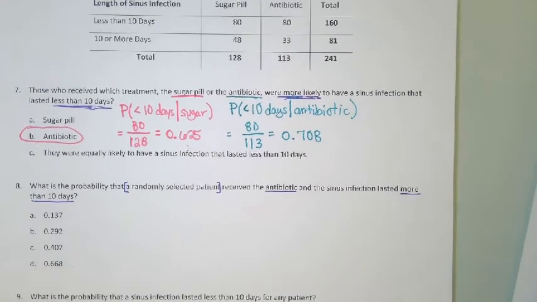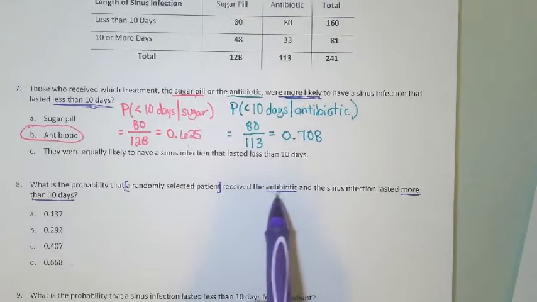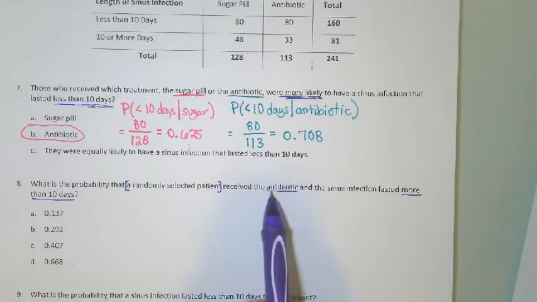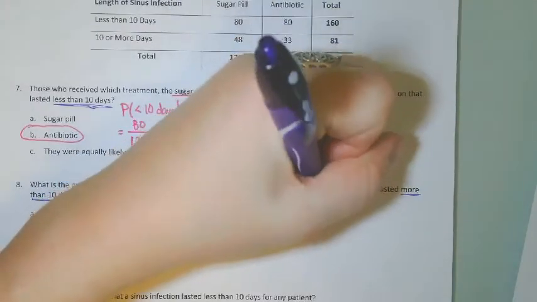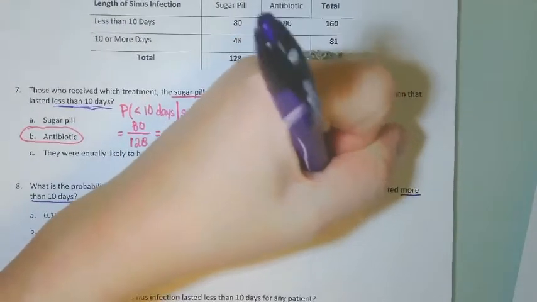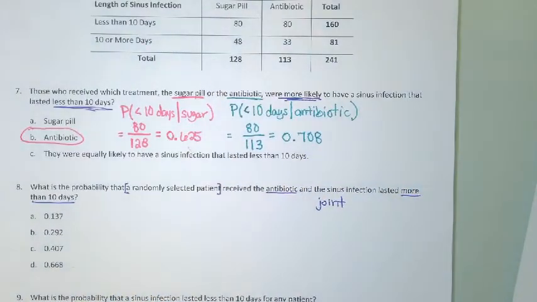We're not limited to looking at one particular group, but any randomly selected patient. And then there's 2 criteria we need to fulfill. 1, they have to have received the antibiotic. And 2, their sinus infection had to last more than 10 days. So this would be an example of joint probability. We have 2 characteristics we need to fulfill.